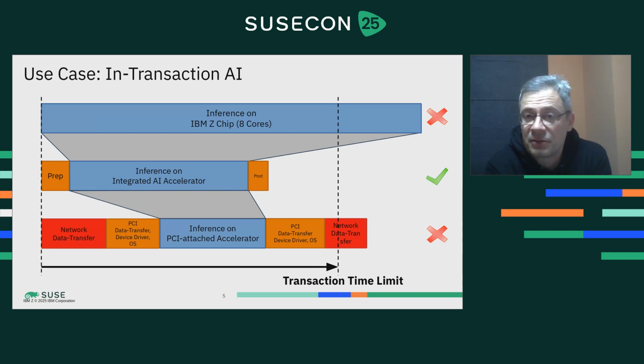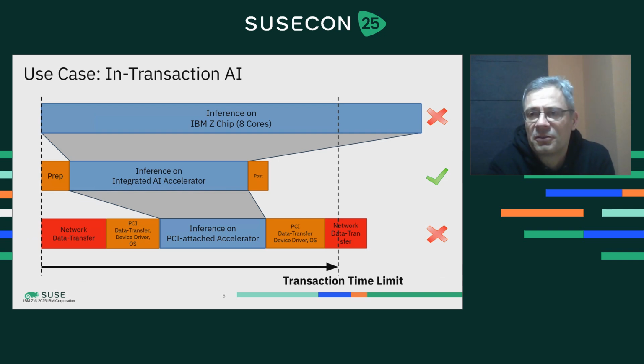If you're considering to apply an AI model using just a software implementation, like here in the topmost bar, chances are that will take too long and it will blow your budget if you have to decide in a mere matter of a couple of milliseconds whether a credit card transaction is fraudulent or not.